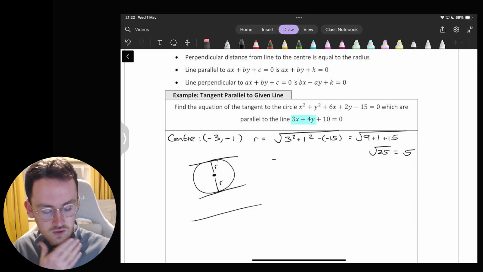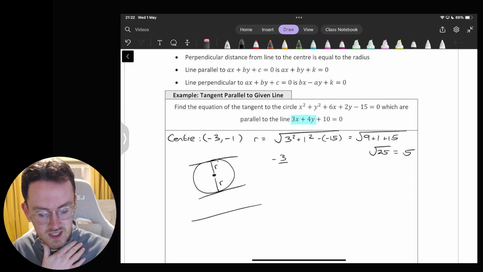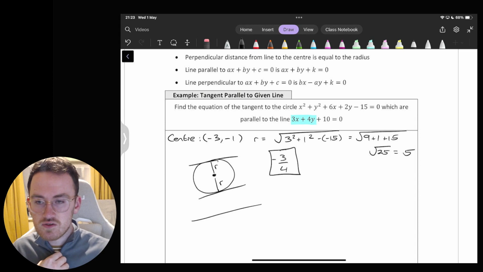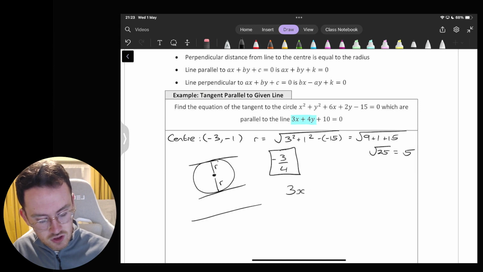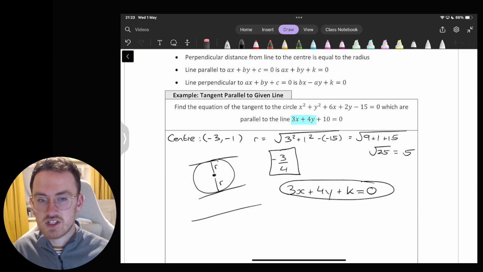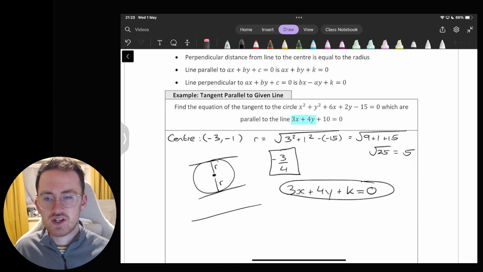The reason for that, of course, is that the slope of this line is minus 3 over 4, taking minus a over b, and we want each of these lines to have that same slope, minus 3 over 4. So the two lines I'm looking for should start with 3x plus 4y, and then some other value, which we often just call k.